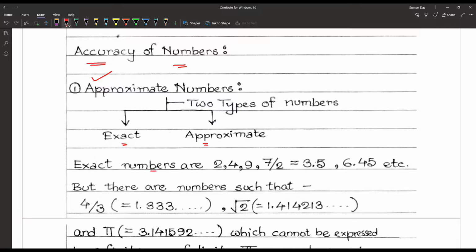The exact numbers are, suppose, 2, 4, 9, 7 by 2, that means 3.5, 6.45, etc. That type of numbers are practically exact. That means whatever the value given here is exactly the same. So those are known as the exact numbers.